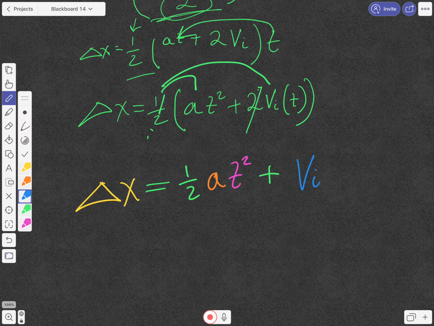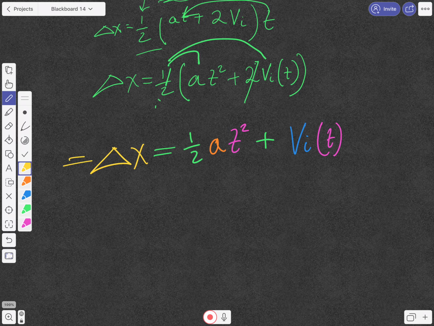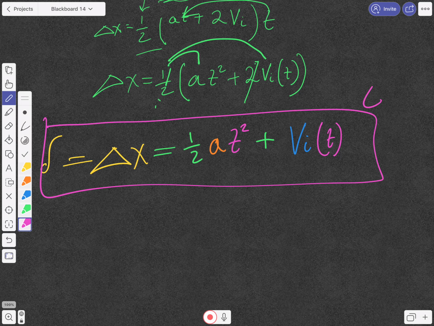So now this is our change in position, or we can also call it our distance. And this here is going to be our equation number 3.